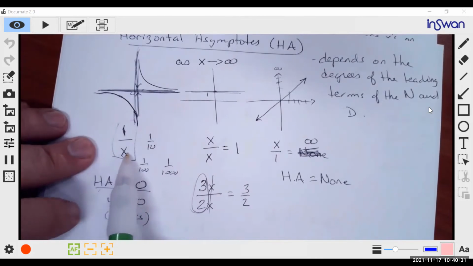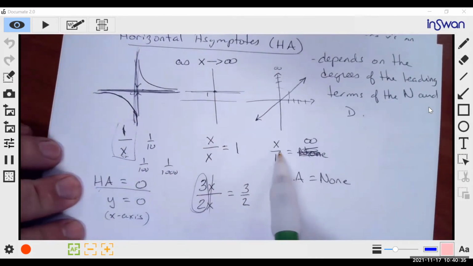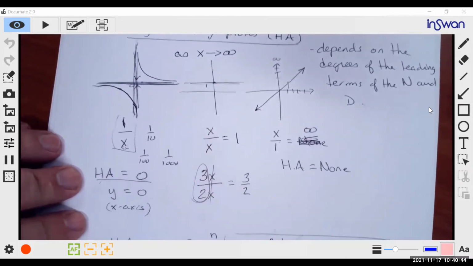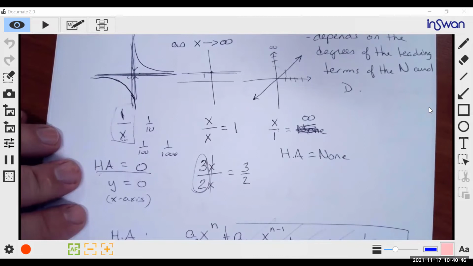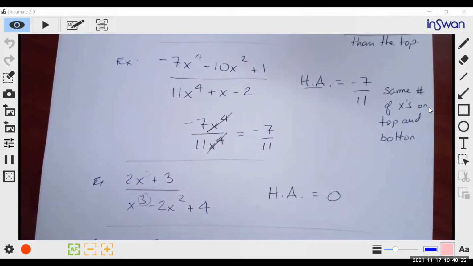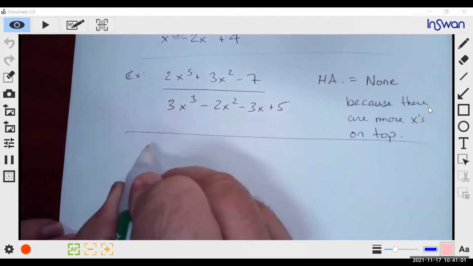If there's more on the bottom, it goes to 0. If there's more on top, it goes to infinity. So there is none. And if they're the same, they cancel the x's. Just leave the numbers alone. So yeah, that's all you have to look for. One more. And then we'll move on.